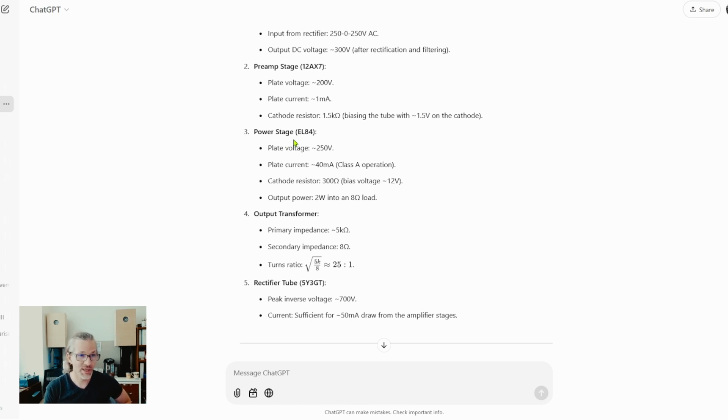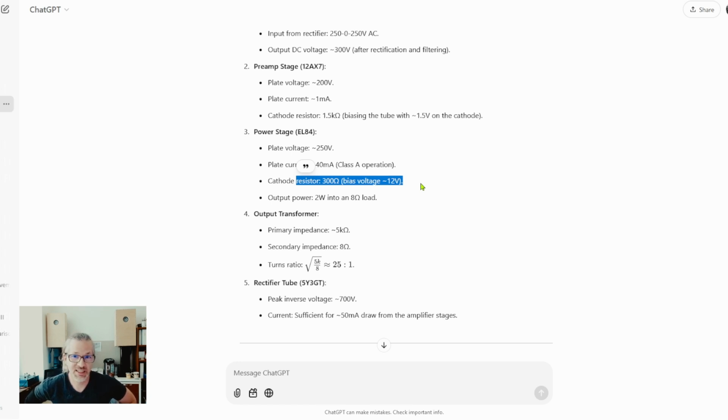What you could do is increase the cathode resistor to have even less current, less than 47 milliamps, drop it maybe to 35 milliamps or 30 milliamps, and then bring the dissipation down to below 12 watts, to, I would say, 11 watts or so.